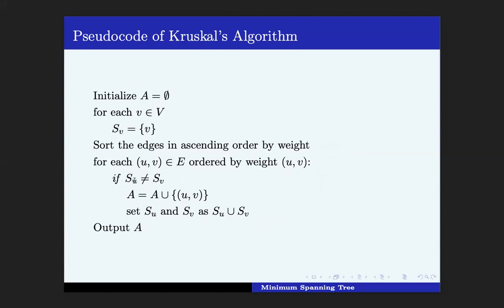If the representative of a particular vertex is not the same as the representative of the other vertex, then I will add this edge UV to this set, and I will update the representative of U and V as the representative of the union of them. So I am not representing that connected component by any particular element. I am representing the whole connected component as the union of the elements.